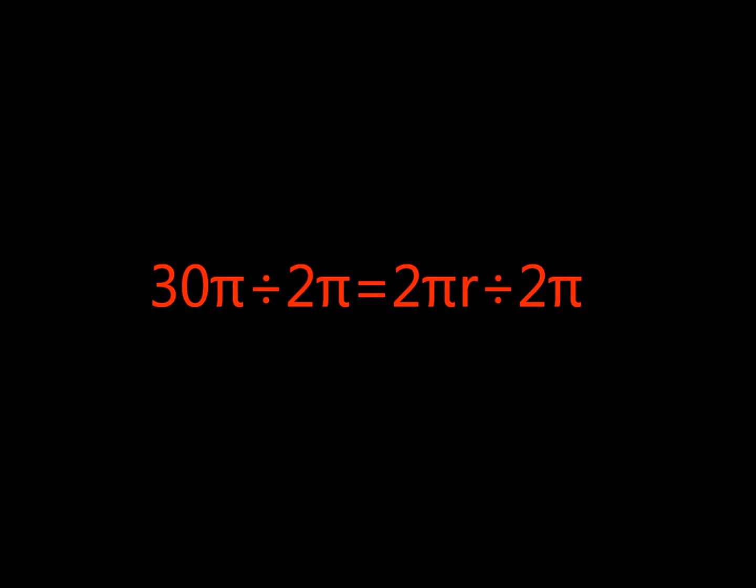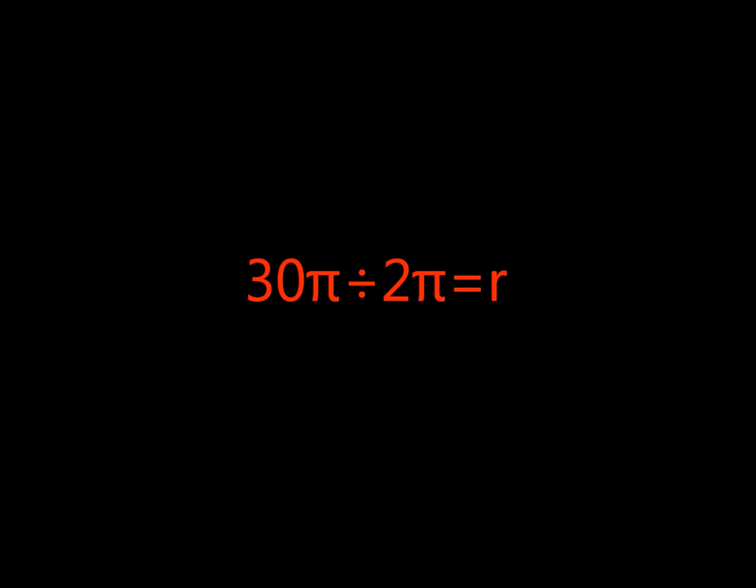We do the division on both sides, crossing out any like terms. 2 pi and 2 pi are like, so we cross out those parts. And pi is also alike, so we cross out the pi in 30 pi. Then we do the rest of the division on that side, so we end up with 15 centimeters equals r.